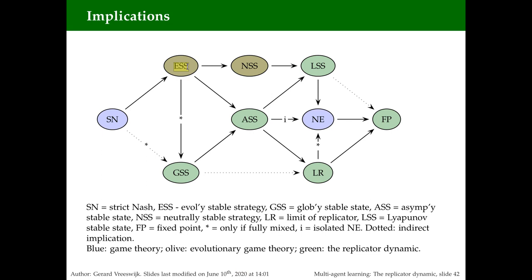So this is evolutionarily stable strategy and this is neutrally stable strategy, but we didn't discuss those concepts. What's important for us is that all Nash equilibria are fixed points of the replicator. So the green nodes refer to the replicator dynamic, the behavior of the replicator.